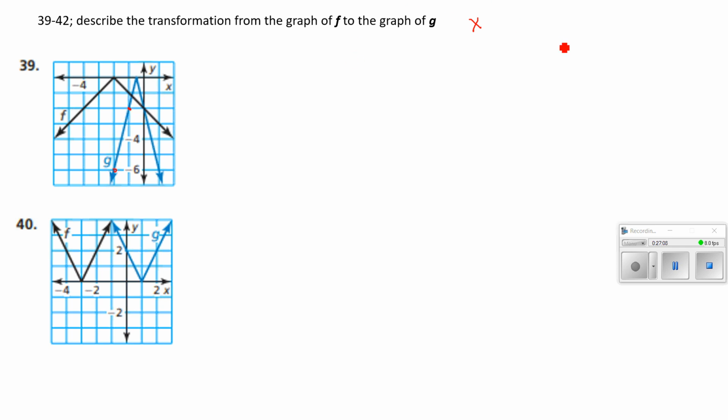All right, so it went to 4/1. Okay, or 4x, right? So let's see. If we went from here to here, we have to see, are we going to shrink it or are we going to stretch it?